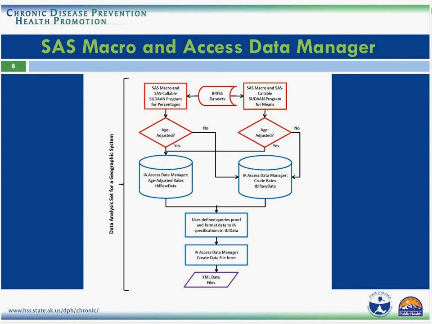They are drawing upon a common directory which contains all of our BRFSS data sets. Because we're computing both age-adjusted and crude rates within each program, the output is being directed either to our database for age-adjusted rates or the database for crude rates. And the information is being stored in table raw data.